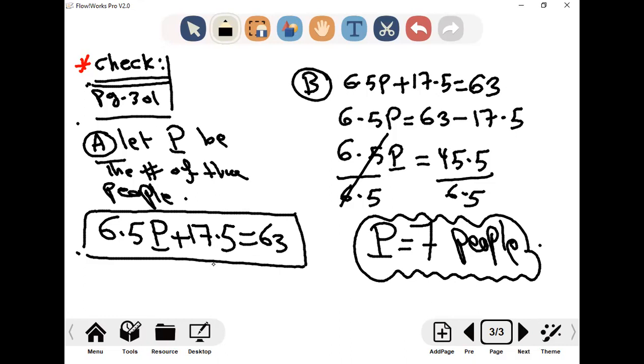Why didn't I say 17.5P? Look at the question now. Did Cassidy buy a snack with 17.5 for each friend? Well, it's the total of the snacks together, right? So here we multiply the number of the people by the price of the ticket.